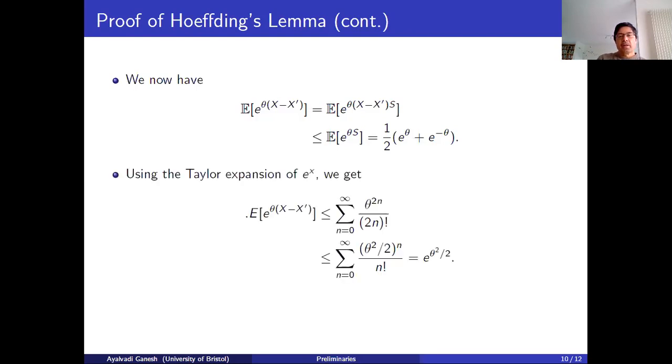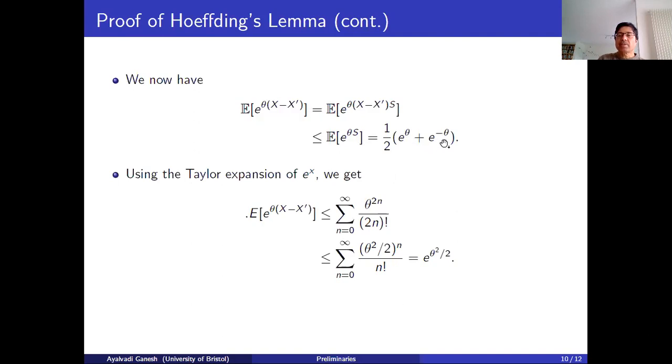Okay. And now the next step is to take the Taylor expansion of e to the theta here. So we get that this quantity is bounded above by half. E to the theta is the sum 1 plus theta squared over 2 factorial and so on.